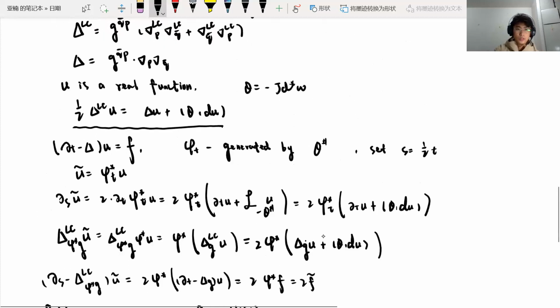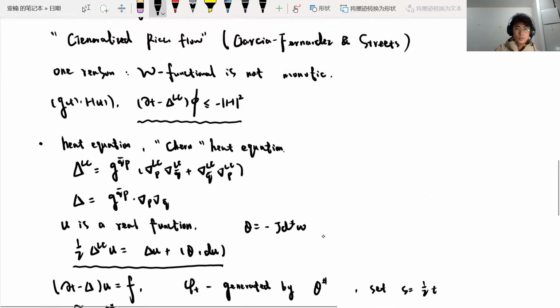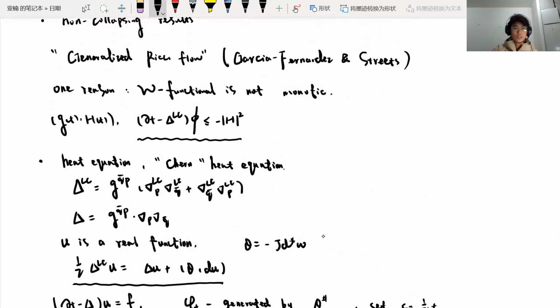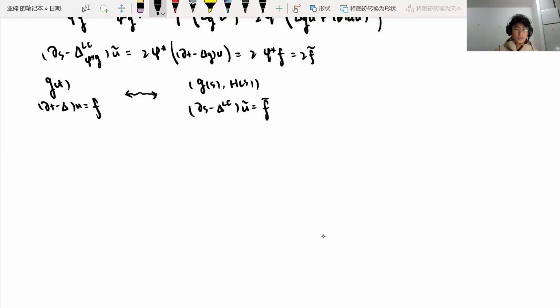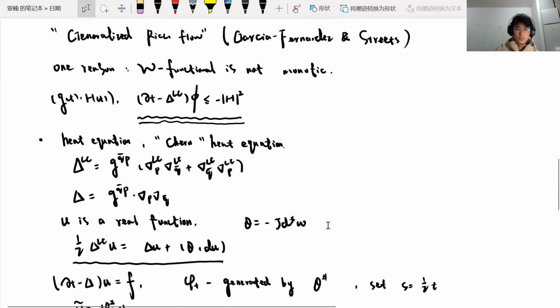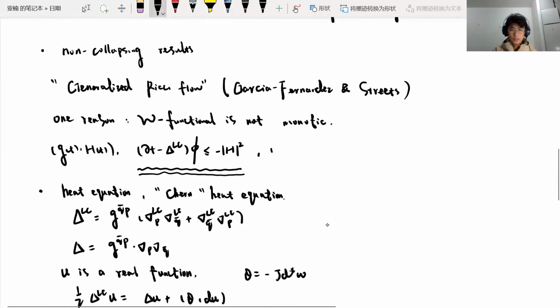So this condition, the condition given by Streets and Garcia-Fernandez, is just like we find a function phi, a real, oh sorry, I forgot that. Here we need phi to be negative.